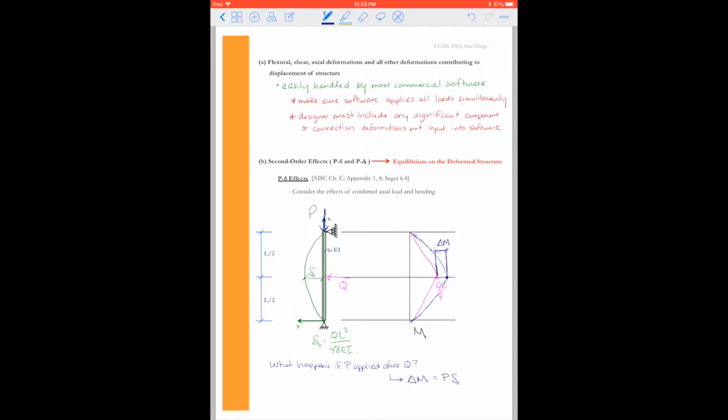So we did both of those. But now, what if we apply P and Q at the same time, or just gradually?